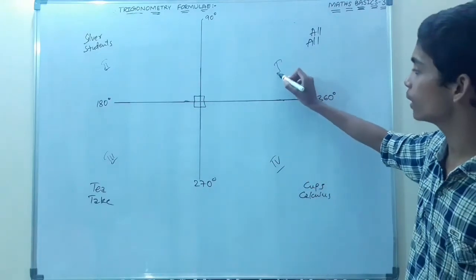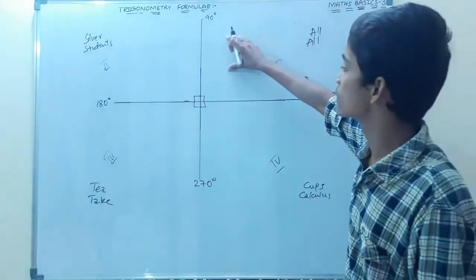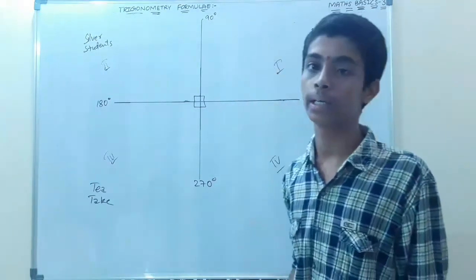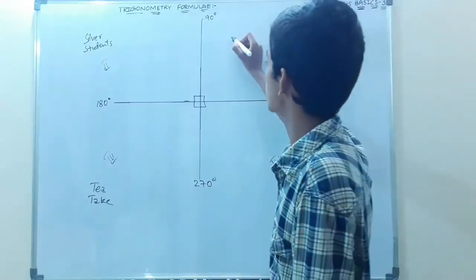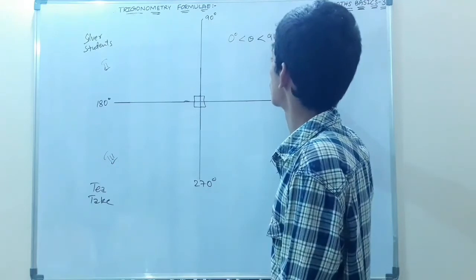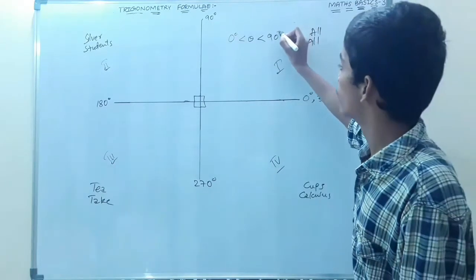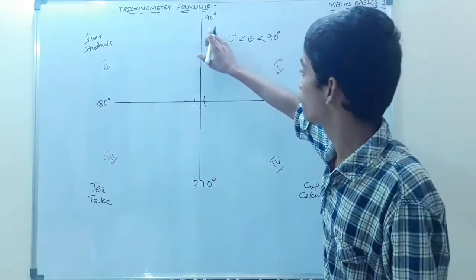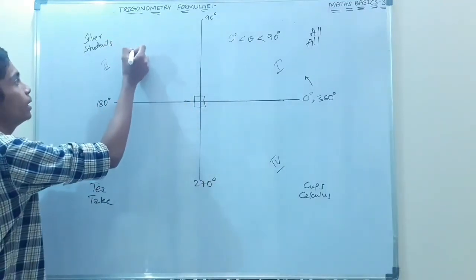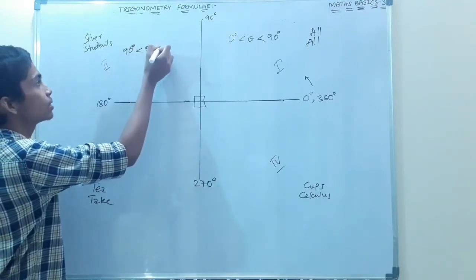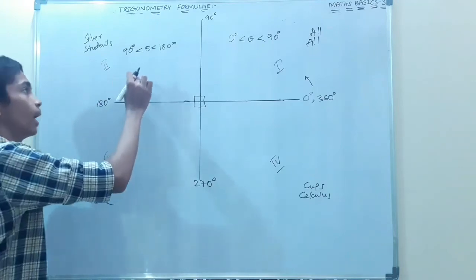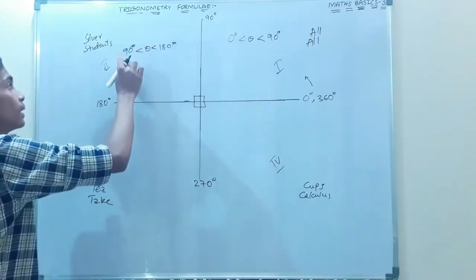In our first quadrant, the angle is theta. The angle is between 0 and 90 degrees, and we can represent it as 0 degrees less than theta less than 90 degrees. And 90 degrees less than theta less than 180 degrees, because the angle is less than 180 and greater than 90.